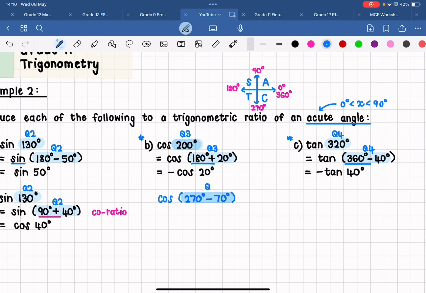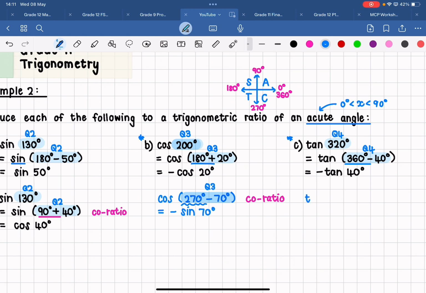The angle is still in the third quadrant. It is still where cos is negative, but now because it's 270, it works the same as 90, so we would have to use the co-ratio again. Whenever it's 270, you also have to change cos to sine, but I actually suggest that you steer clear of this, because cos in the third quadrant is negative. So even though we're changing it to sine, we have to change it to negative sine of 70 degrees.